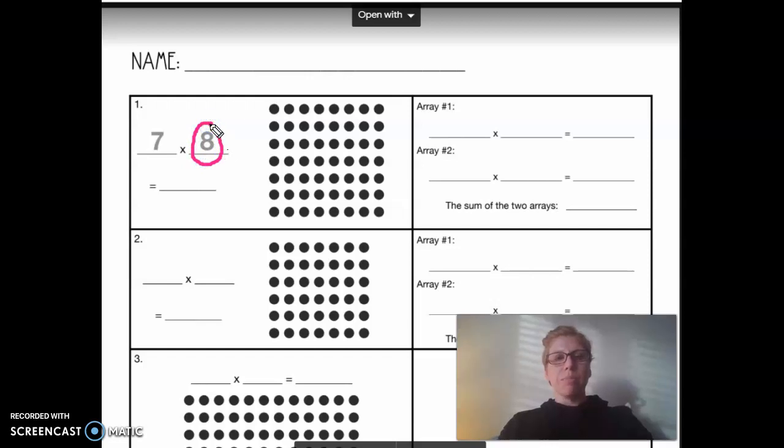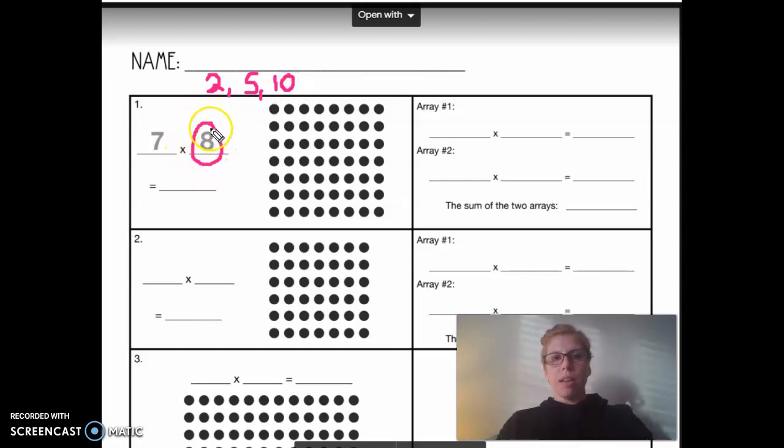Now, whenever we split a number up into two number bonds, it is helpful if you use multiples that are easy to multiply by. Well, what are those numbers? Well, we all know how to multiply by 2. We know our 5s pretty darn well, and then our 10s. 2s, 5s, and 10s.